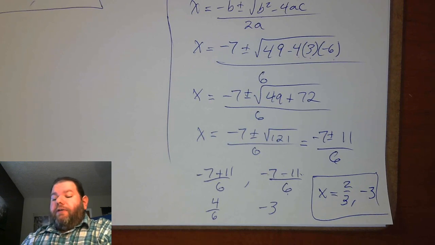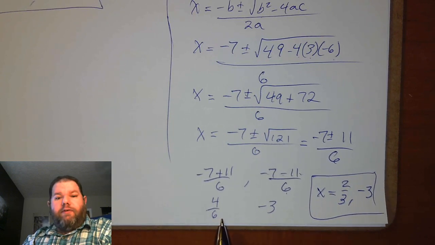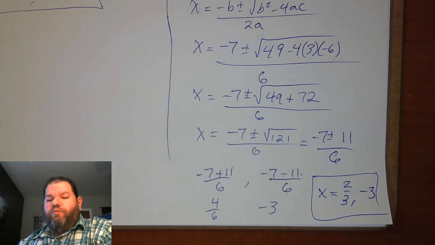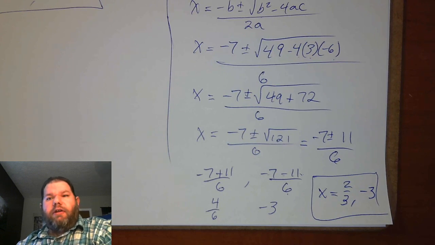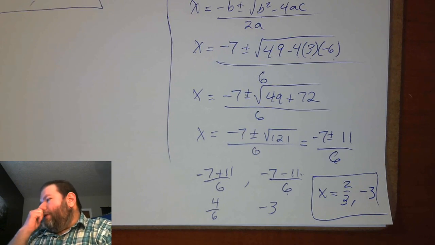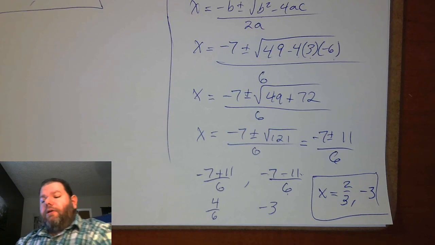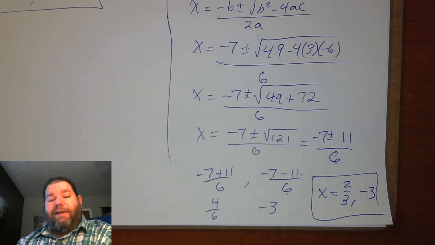Now, if you got to this and you wrote your two answers down without reducing, generally what I do is I count each question as 10 points, and then I would take off like 1 point for that. So it's not a major thing, but again, I'm going to make sure all the details are there.